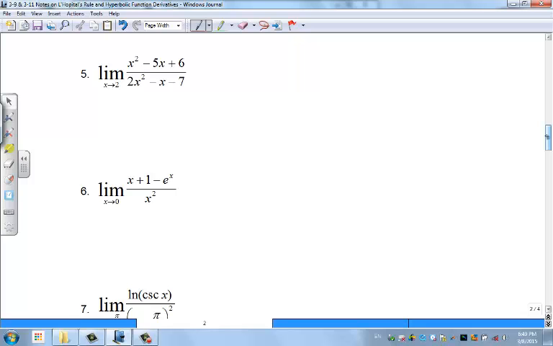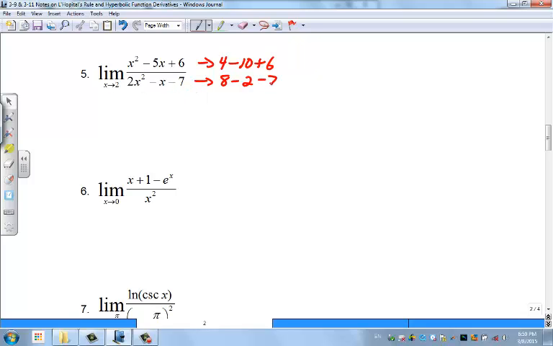Lim x approaches 2 of this, so we plug the 2 in. 2 squared minus 5 times 2 plus 6. Okay, so 2 squared is 4 minus 5 times 2. That's 4 minus 10 plus 6. That's the top. The bottom is approaching 2 times 2 squared, 8, minus 2 minus 7.